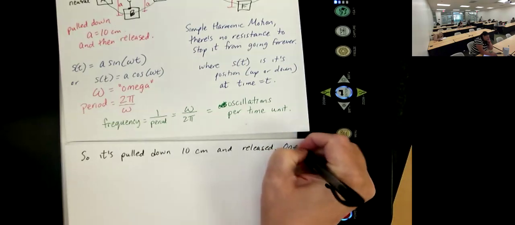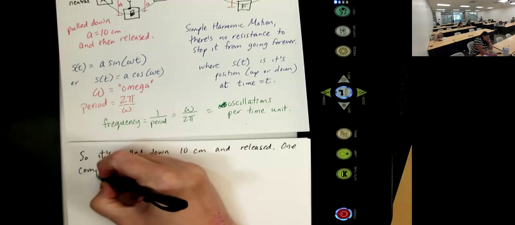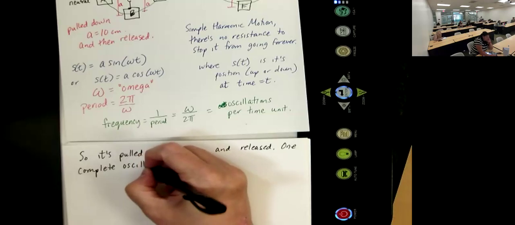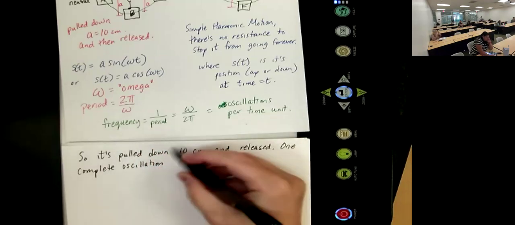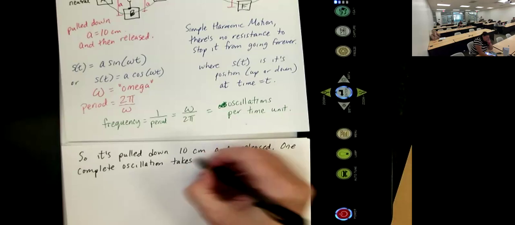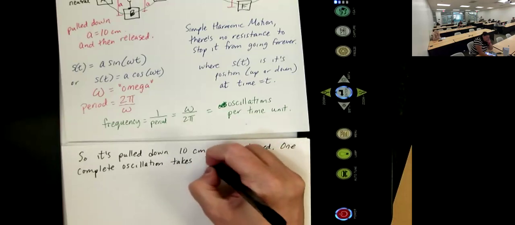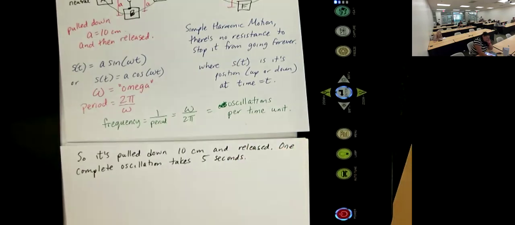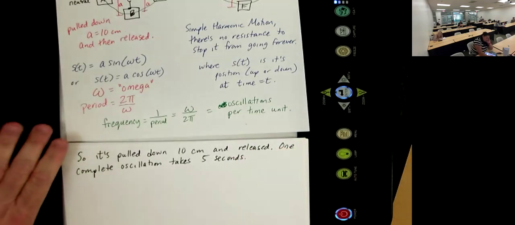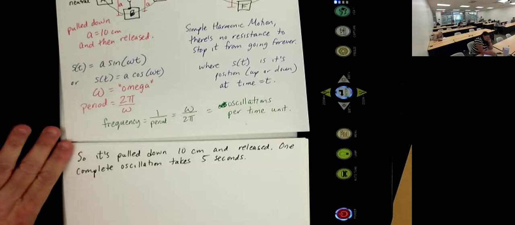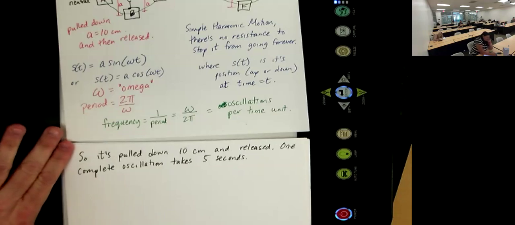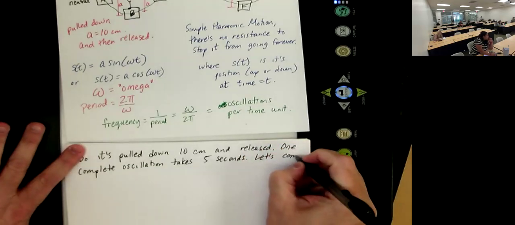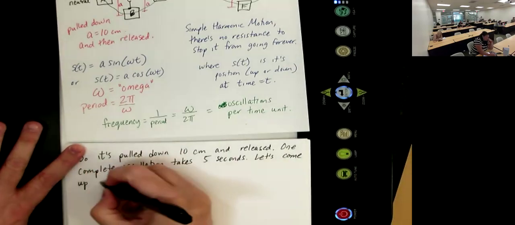One complete oscillation takes 5 seconds. Let's come up with 2 equations that model this. Come up with a sine equation and a cosine that model this.